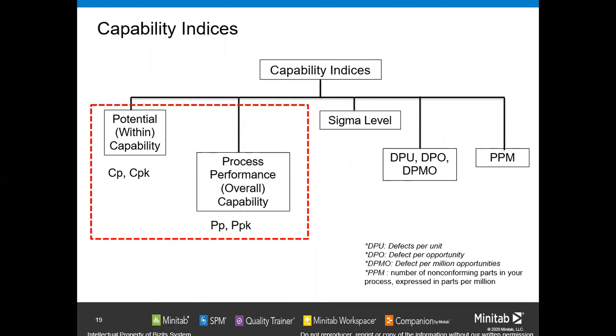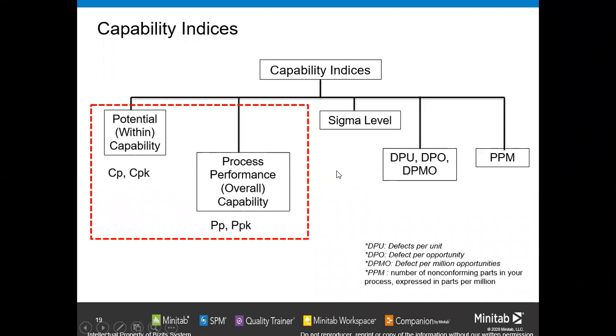We have another term, the capability index. There are a lot of types of capability index in industry, but most of our customers use CPK and PPK. Others use Sigma level, or DPU or DPMO, or they also use PPM. This is based on your preference.